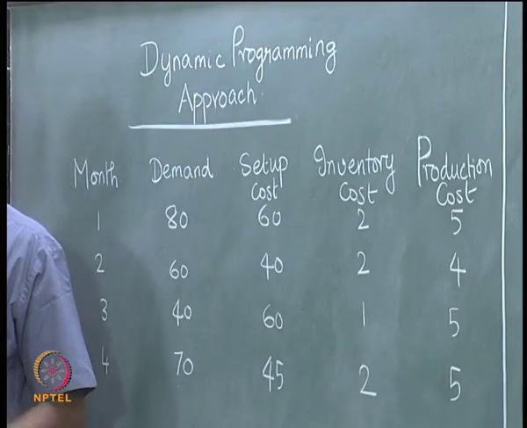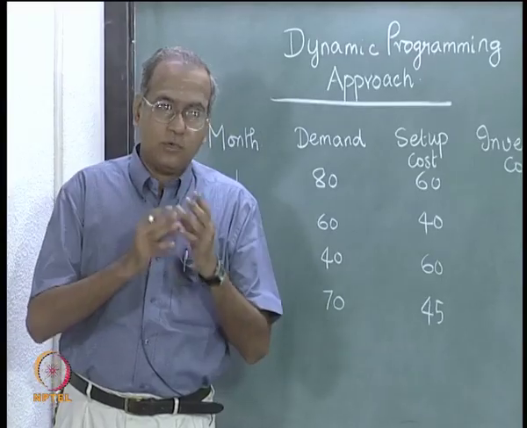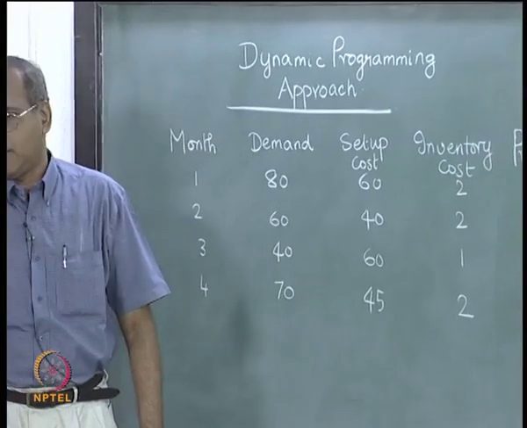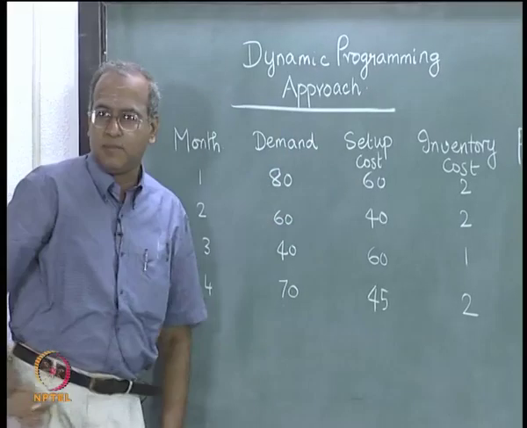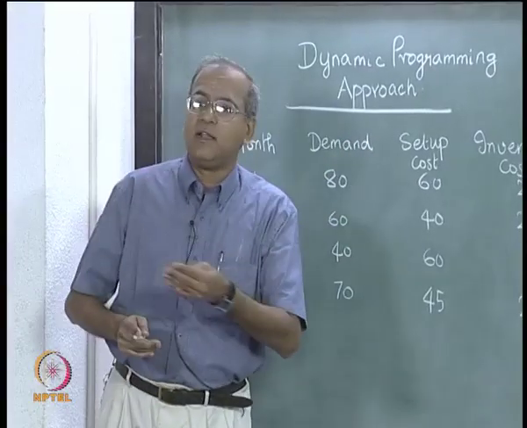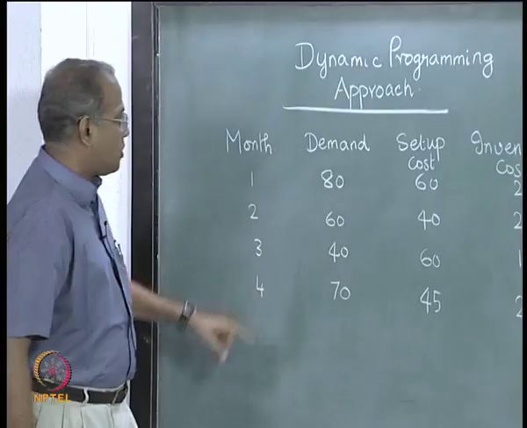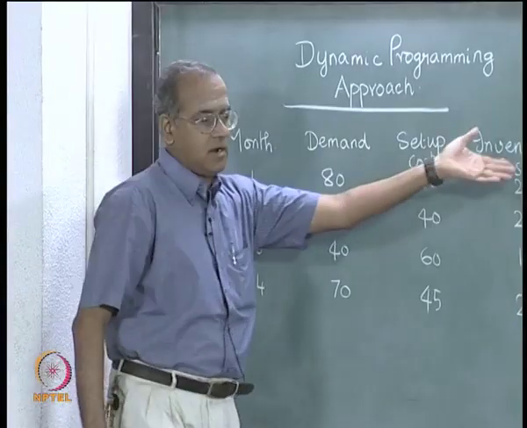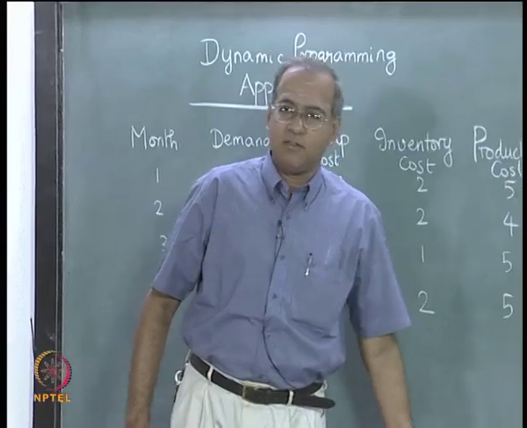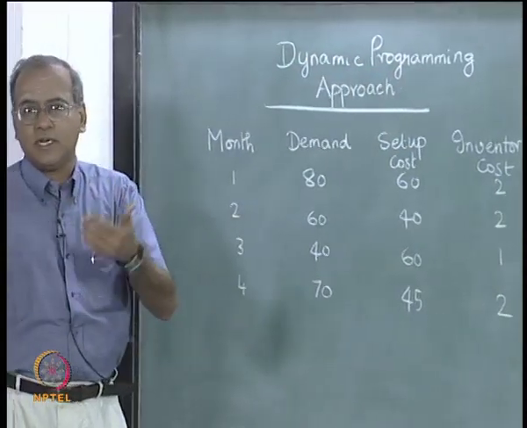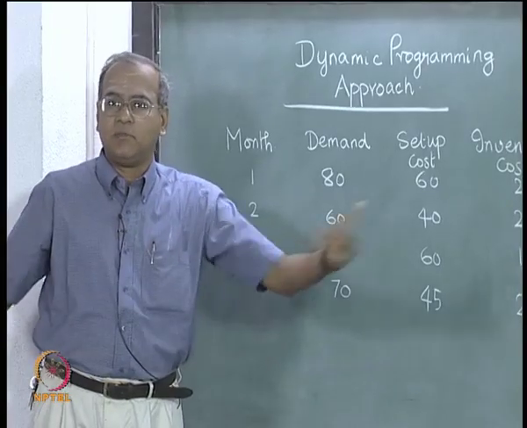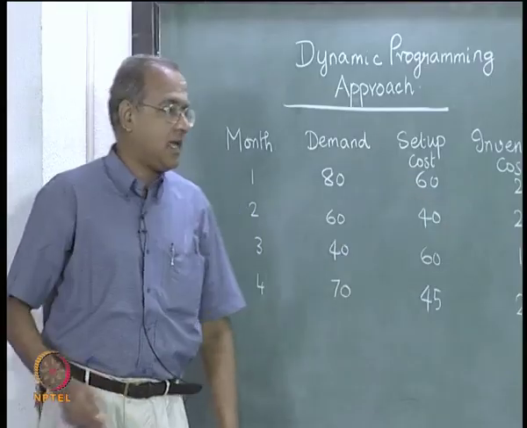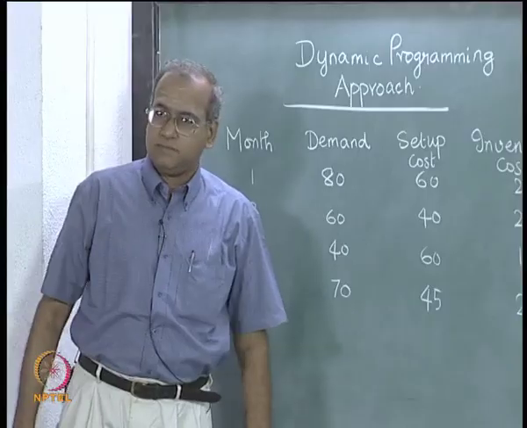Now we all know that dynamic programming, though very useful to solve certain classes of problems, has its own issues with respect to modeling. If we consider a problem of this type, the state variable can take very large numbers. For example, total demand for the 4 periods is 250. So if we use the tabular approach of dynamic programming, the state variable, which is the amount of inventory available, can take a very large number of values, and the tables can become lengthy and cumbersome, though dynamic programming can be used to solve this.